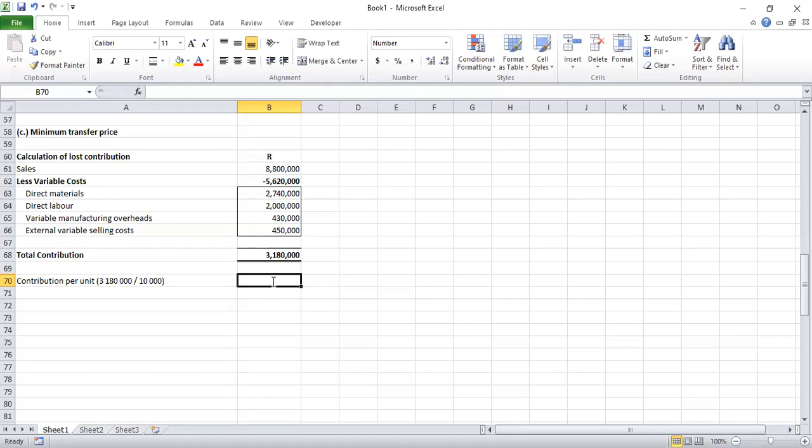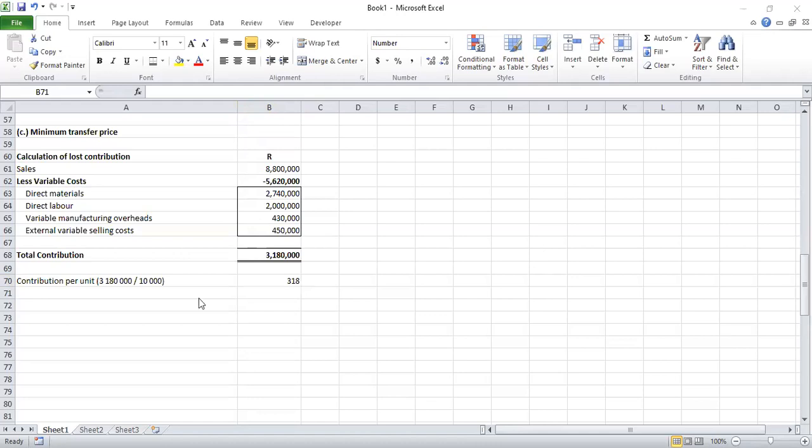So that means of the 4,000 motherboards that division A will supply to division B, they will sacrifice 318 per each unit.